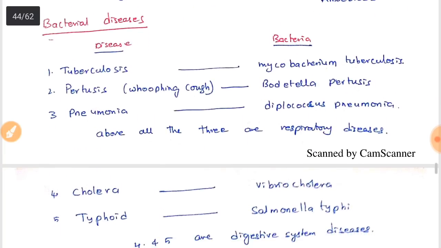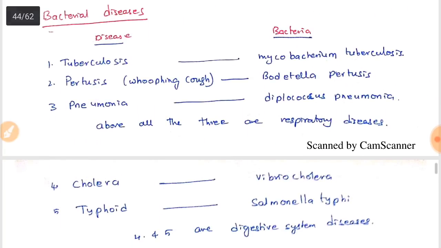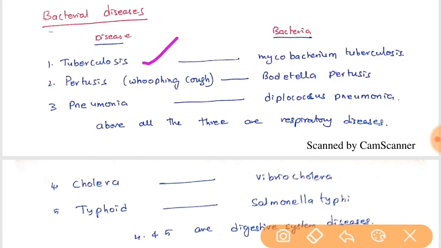So, bacterial diseases. What are bacterial diseases? The diseases caused by bacteria. Okay, friends. Tuberculosis, TB, is caused by the bacterium Mycobacterium tuberculosis. Pertussis, whooping cough, is caused by Bordetella pertussis.